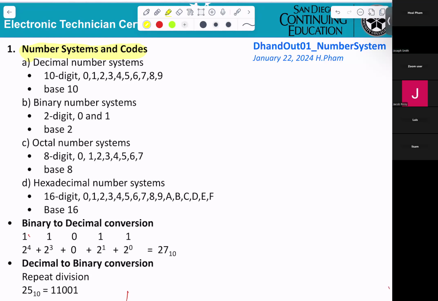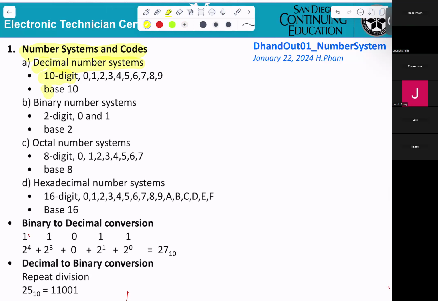Okay? The first number system, you know, is decimal. That means for humans, in the decimal system, there are 10 digits, 0, 1, up to 9. That will be 10 digits.